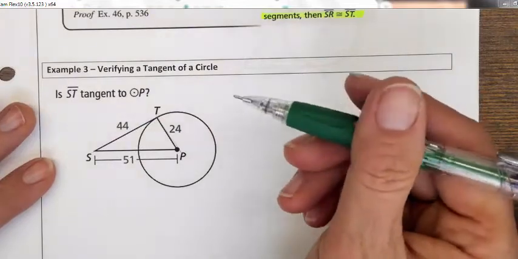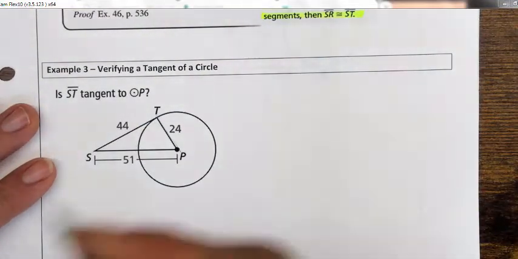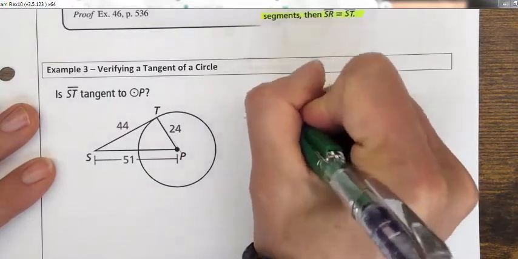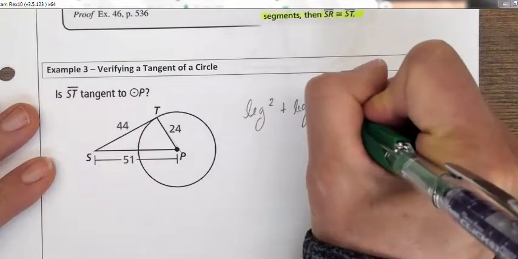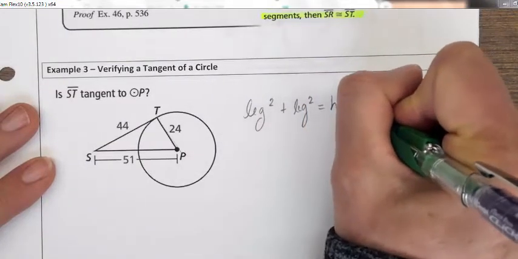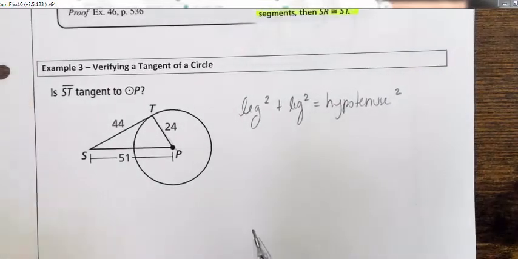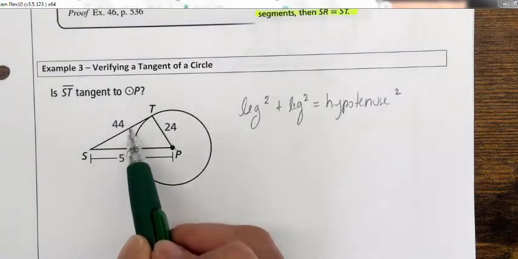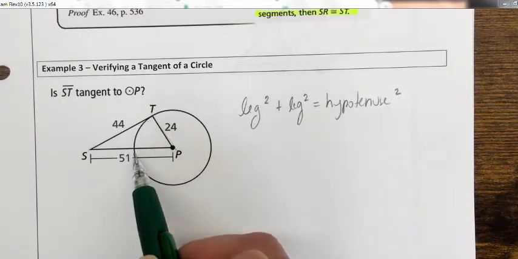Let's see if the Pythagorean theorem holds true. So in other words, take a leg, square it, add that to another leg, square that, and make sure that it's equal to the hypotenuse squared. Well, the hypotenuse would be the side that is opposite the right angle. And if ST is actually going to be tangent to circle P, then angle T is going to have to be our right angle. So our hypotenuse would be SP.